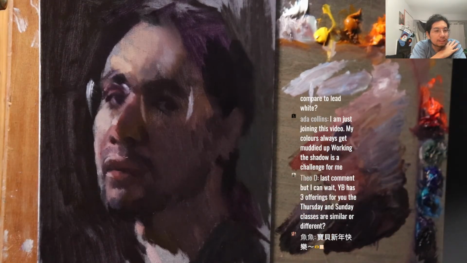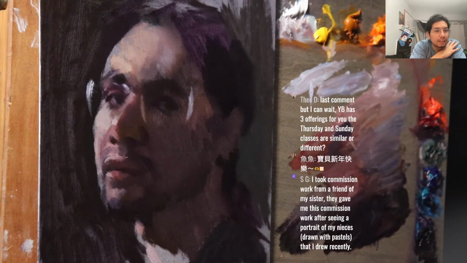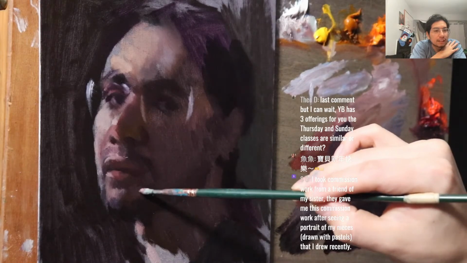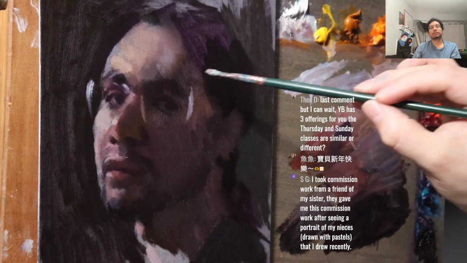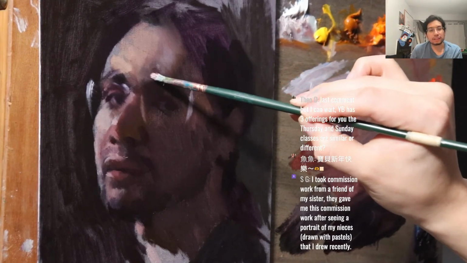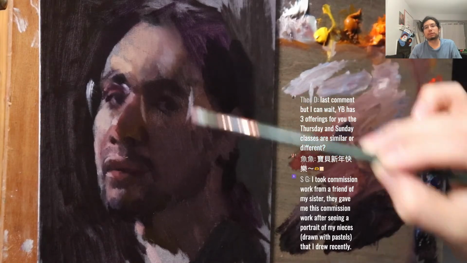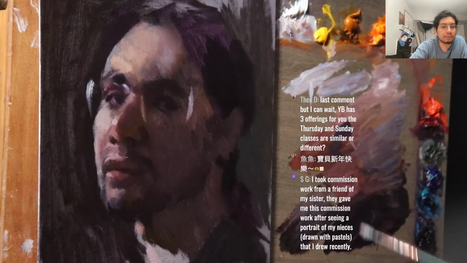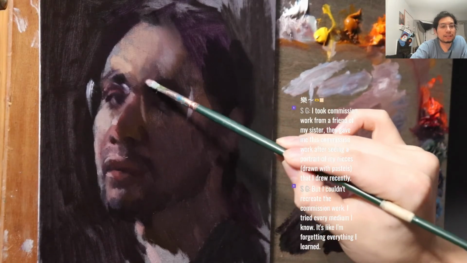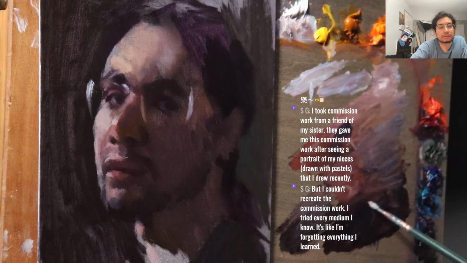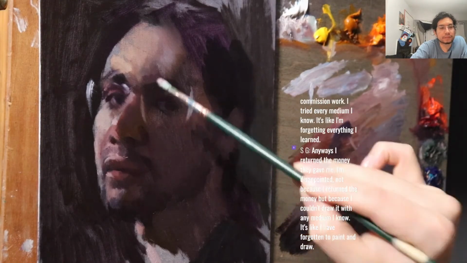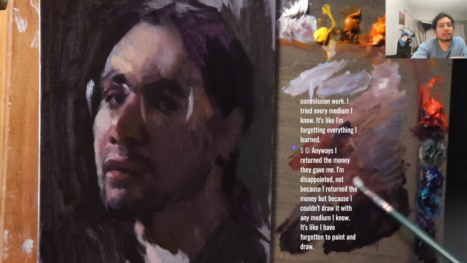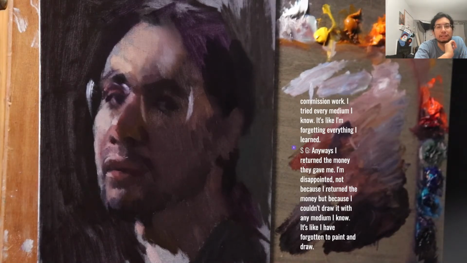Let's see. Yellow Barn has three offerings of you, Thursday and Sunday. Are those classes similar or different? I would suggest if you can make it on Thursday, the Thursday one would probably be a little better. The Thursday one is portrait painting from life. The Sunday one is more just painting from photographs, and it's more for people that are just beginning painting and painting still lives and things like that.